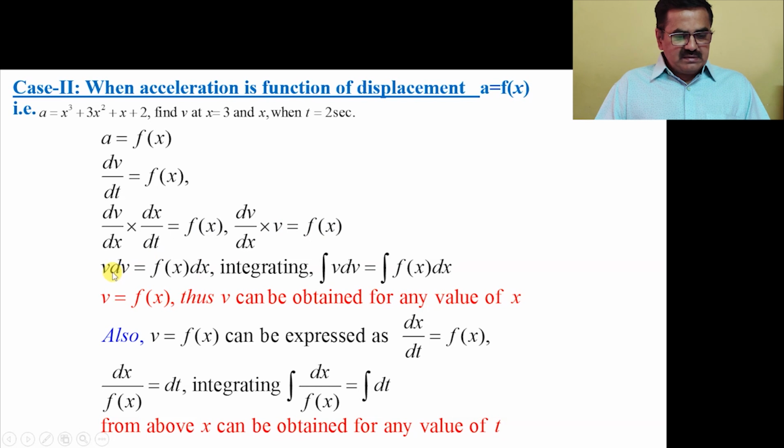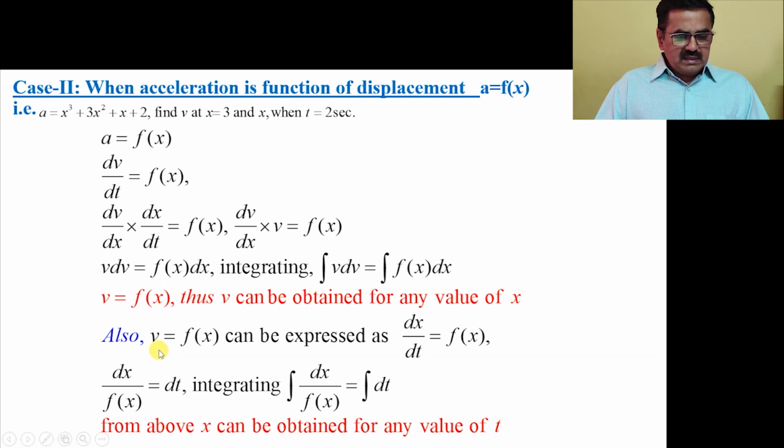Now rearranging the equation, v dv is equal to f of x into dx, and if you integrate this equation, it gives us an equation in terms of v and x, which is our requirement, and thus v can be obtained for any value of x. So here you can write x is equal to 3 and you can calculate velocity.